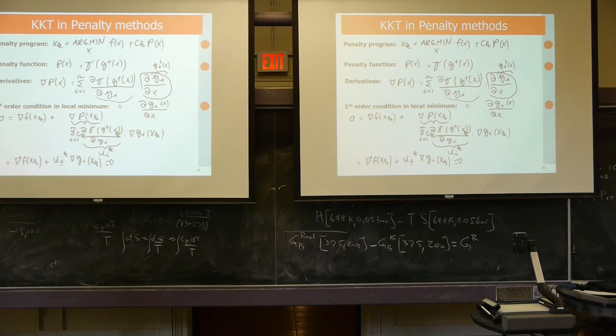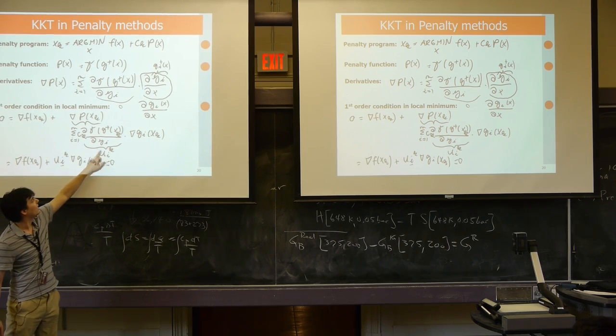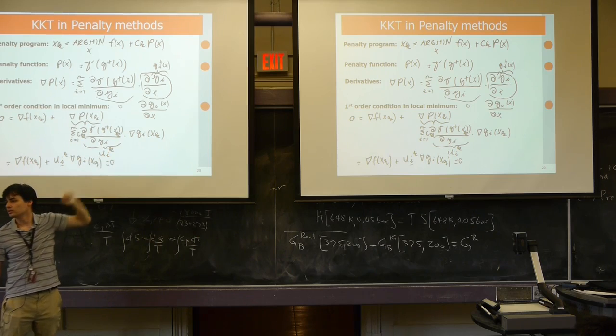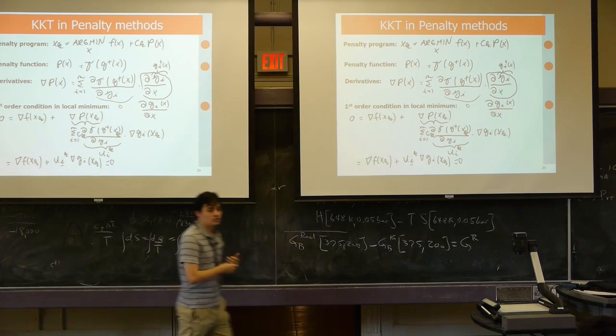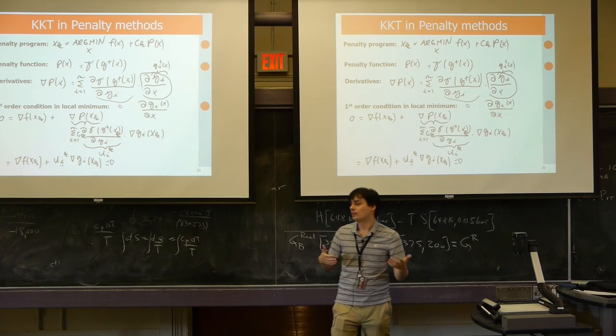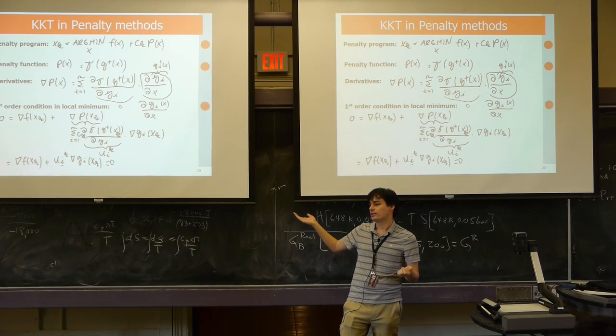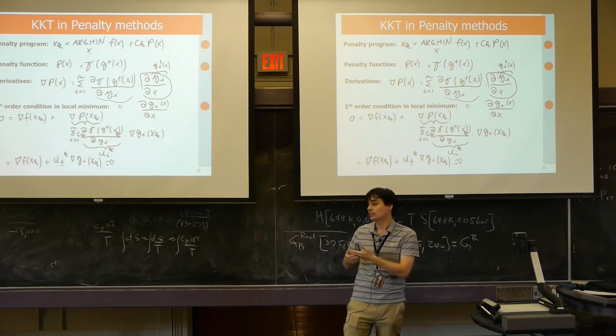So I defined uik this way, and you can prove that if, say, xk converges to x star, the optimum, then this uik will converge to u star, where u star would be the Lagrange multiplier at the optimum x star. So it's just the connection between Lagrange multipliers and penalty methods. In the limit, they are the same.